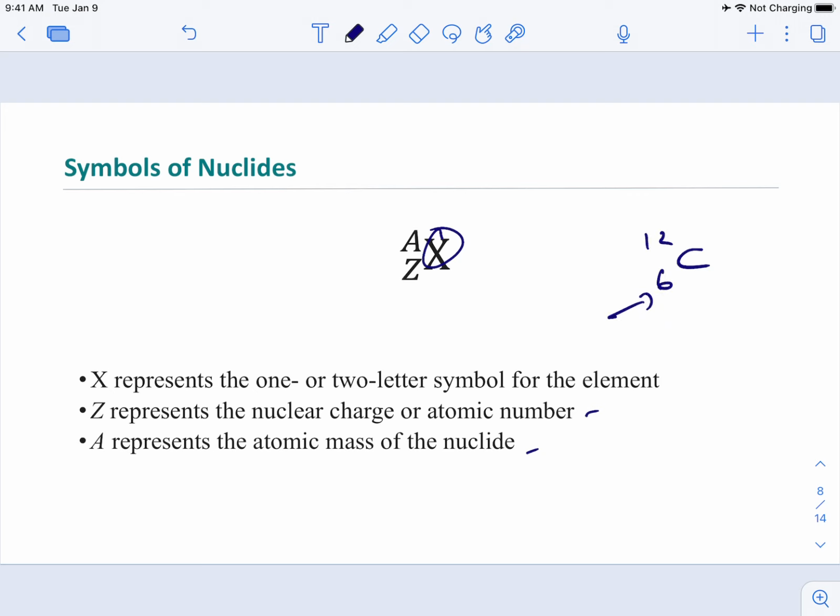That's the number of protons, the atomic number, which is the signature of the atom. If it has 6 protons, it's carbon. If it's carbon, it has 6 protons. No exceptions to that. The mass number can change. That's the number of protons plus neutrons.